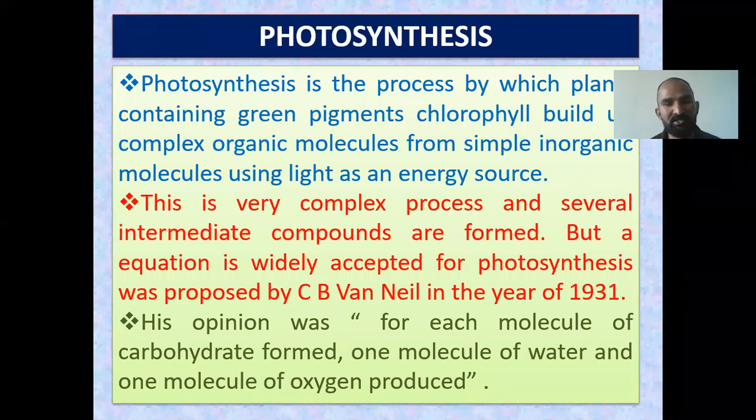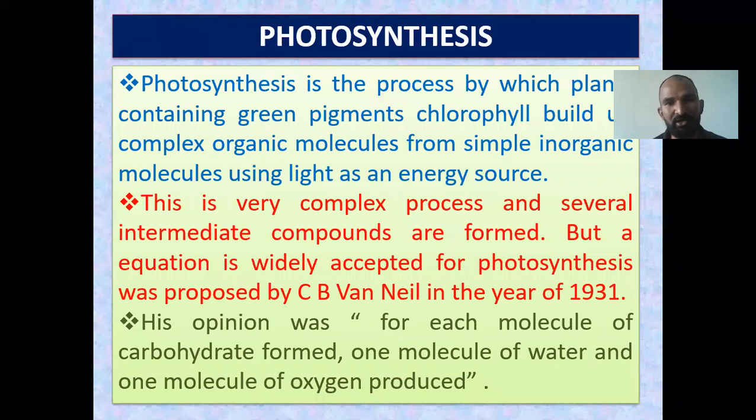The water absorbed by the plant undergoes various chemical or metabolic reactions, and the carbon dioxide, when it enters the leaf tissue, undergoes a sequence of reactions. Finally, there are many intermediate compounds.